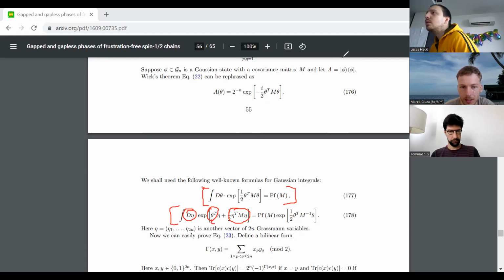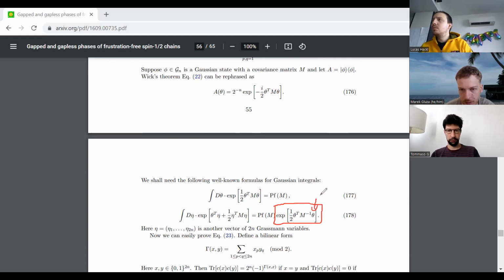So basically it's again a Gaussian form in Grassmanns, but now in the new variable theta. This eta vanished completely, but it additionally gave a Pfaffian of matrix M, which was sitting here.